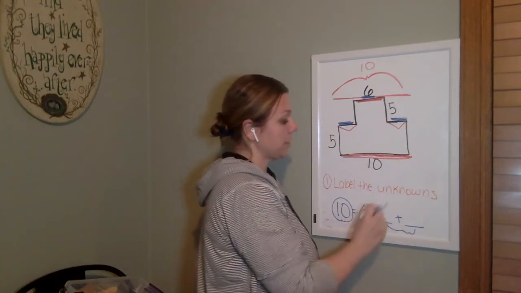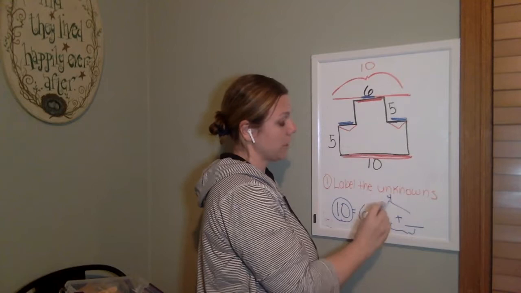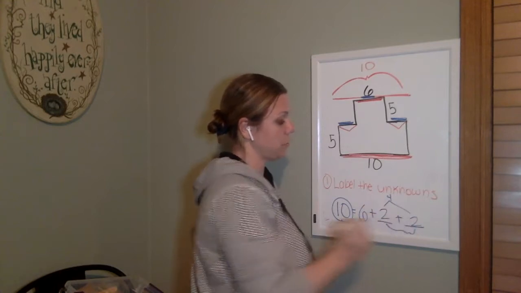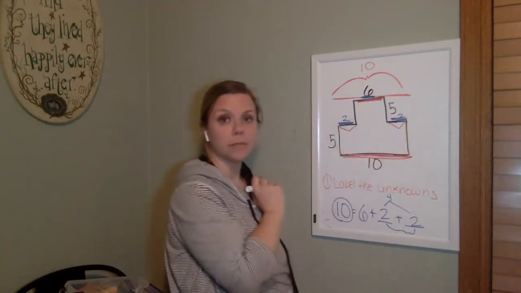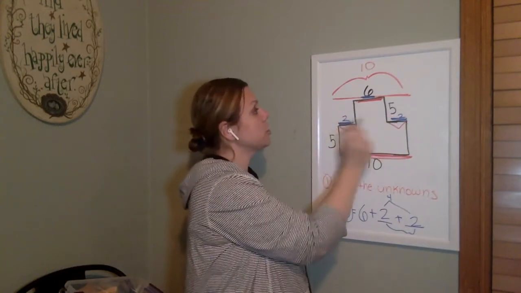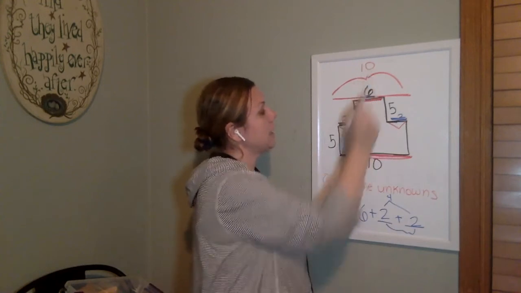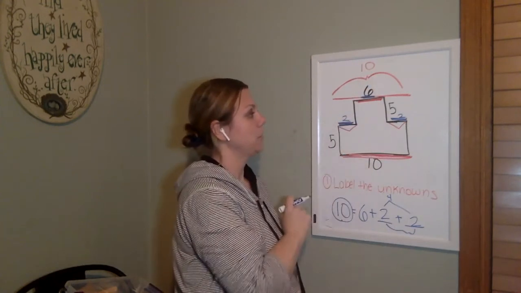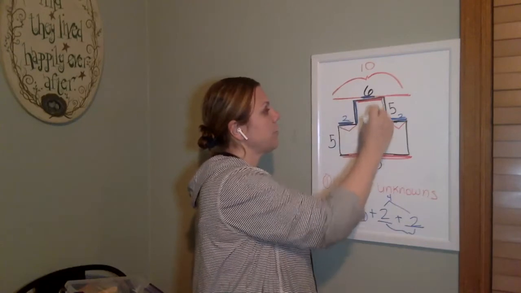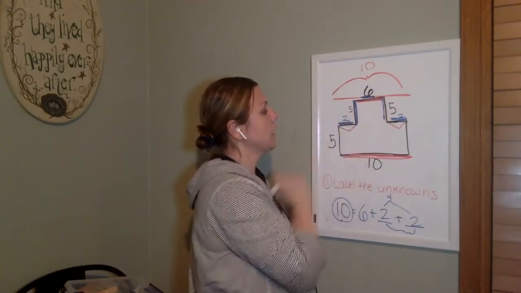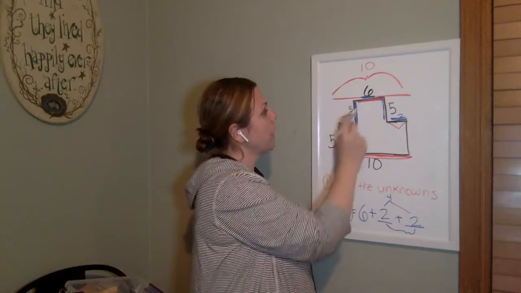Well, I know that this has to equal 4 altogether, so I can divide that in 2 and do this way. So that would give me a 2 and a 2, okay? So 6 plus 2 plus 2 equals 10, matchy matchy, and I'm good. This unknown over here is really easy because I just take it from the other side. No detective work needed.